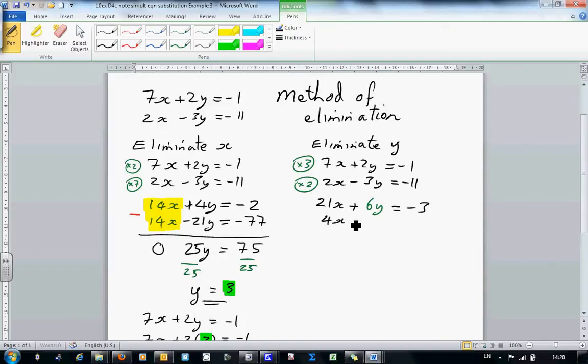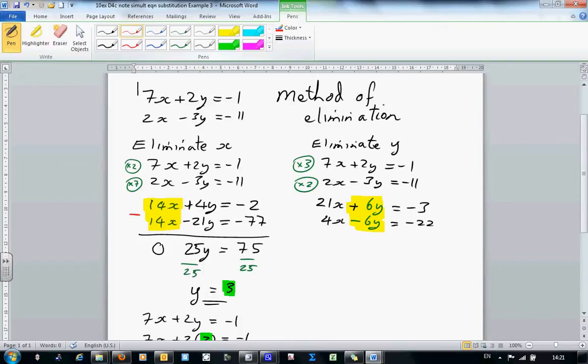Now notice the difference this time. By doing this, I have two variables. One is plus 6y and one is minus 6y. So what will I need to do to those two equations in order to eliminate the y's? Correct? You would have to add them together. So 21x plus 4x is 25x. 6y add on negative 6y is your 0.